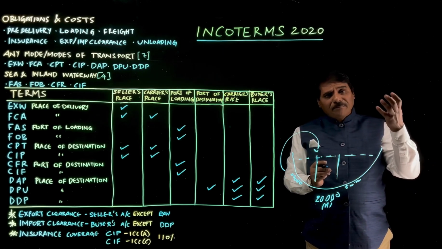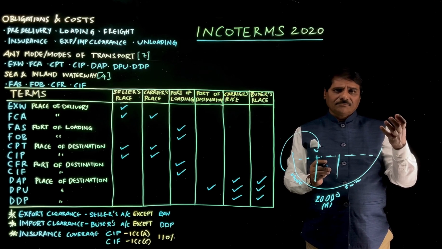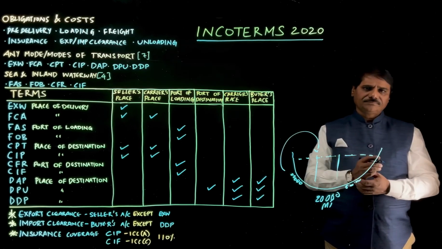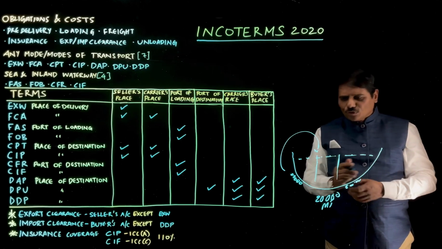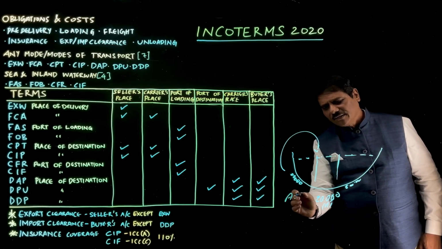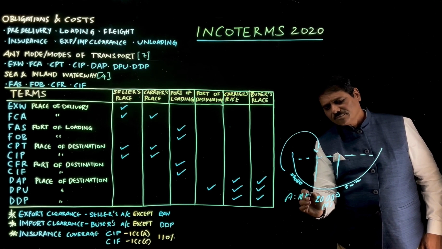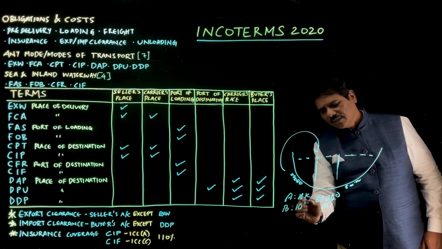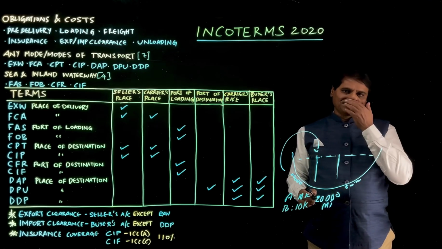So the buyer may purchase from say two parties. Party A is selling 10,000 metric tons and party B is selling another 10,000 metric tons.